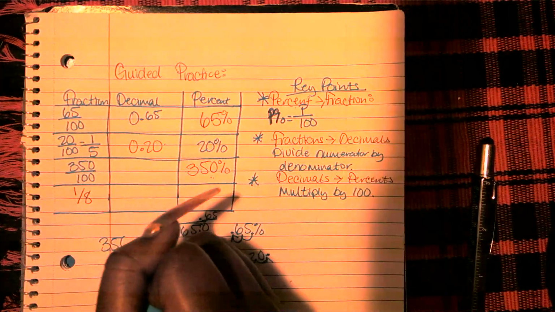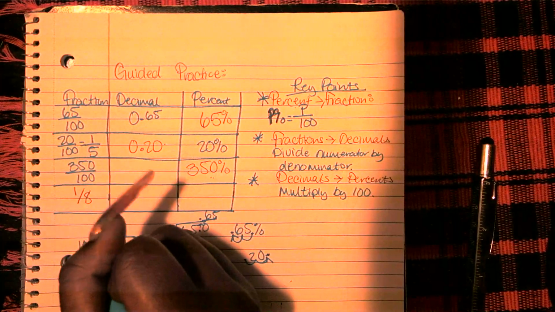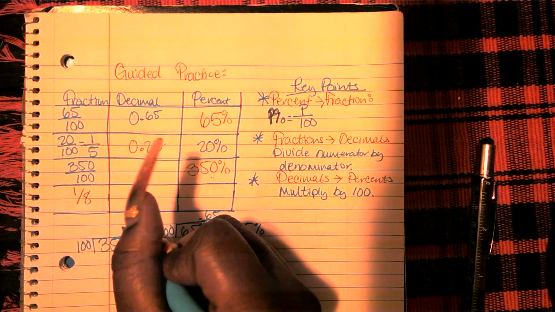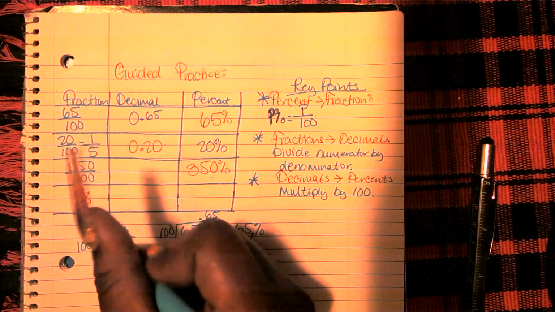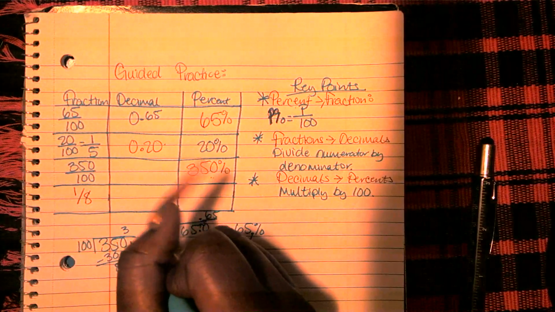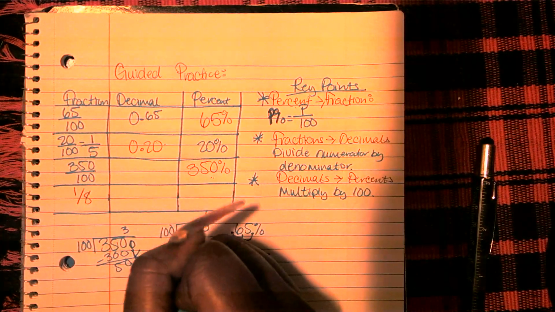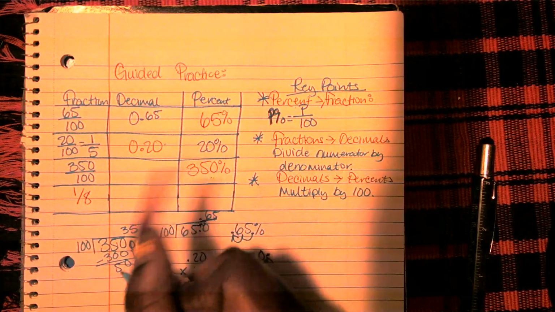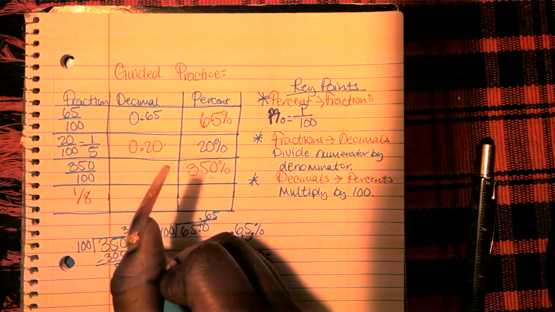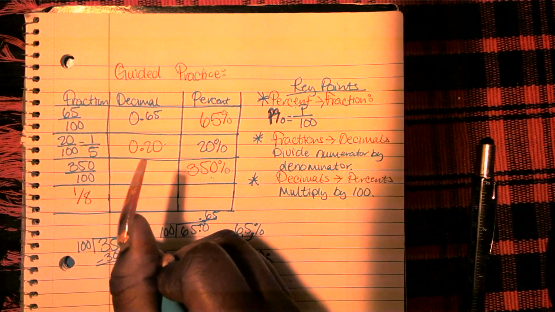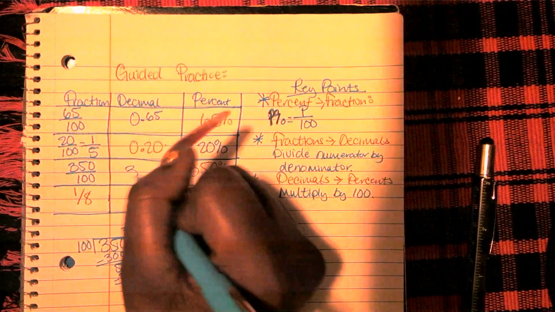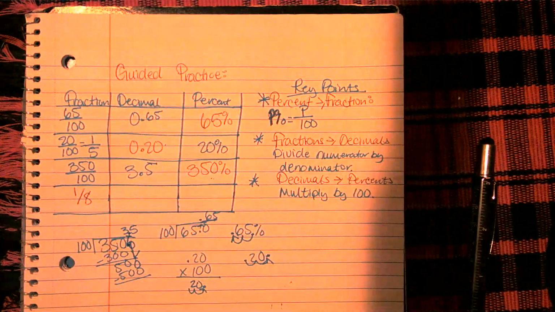So 350 divided by 100. And my decimal point will go straight up here, which will be 3.5. So this would be my decimal.